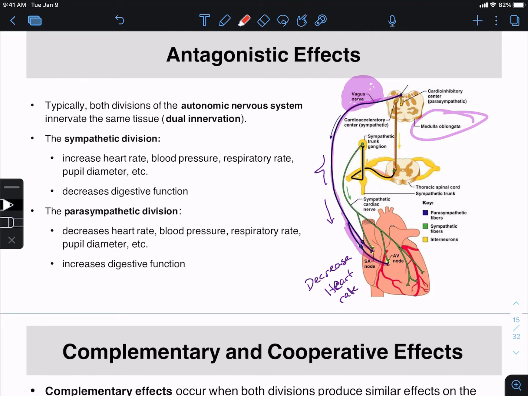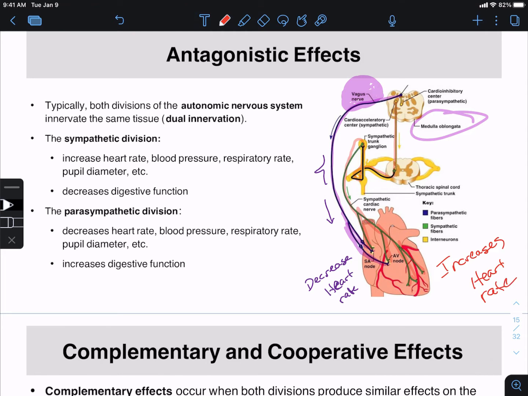It's going to come on down here and feed the sympathetic cardiac nerve, which again synapses onto the AV and the SA node. It also synapses onto what is known as your Purkinje fibers, which again are going to control the rhythm of the heart, and that sympathetic nervous system increases heart rate.